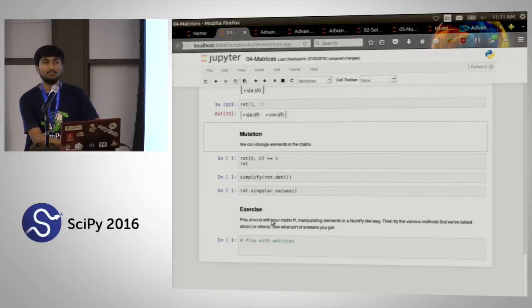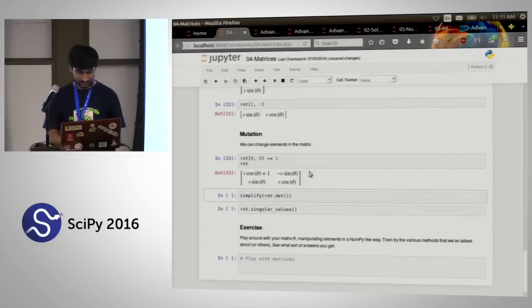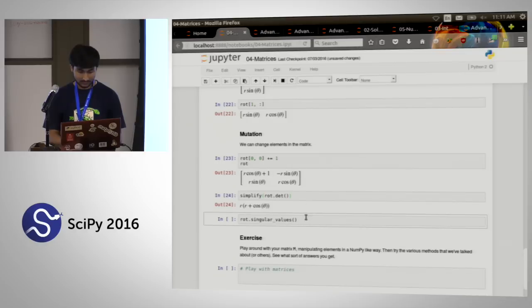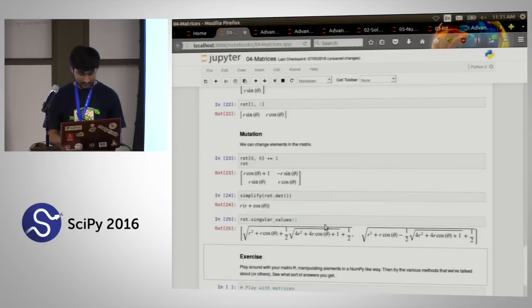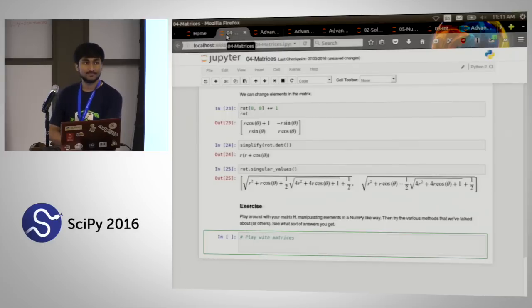And by the way, matrices are mutable here, so they change in place. So, questions?